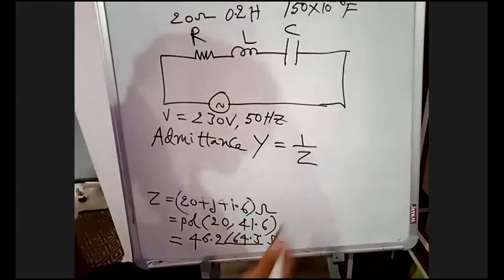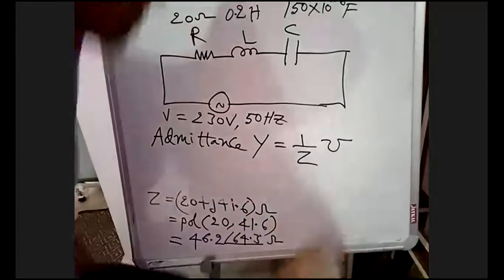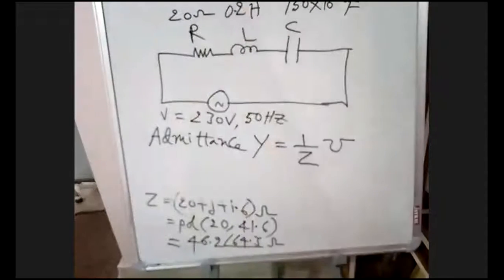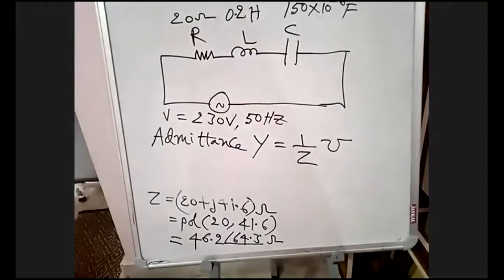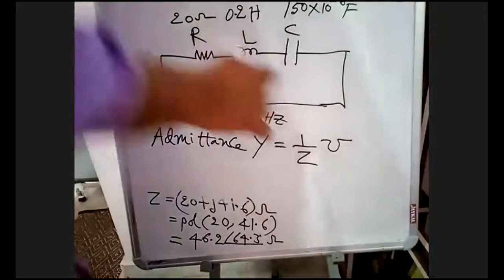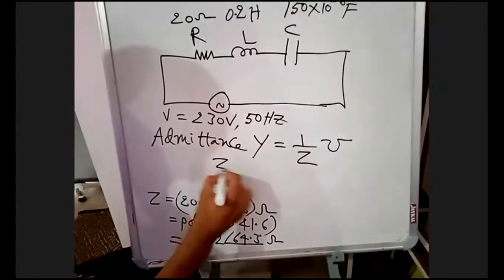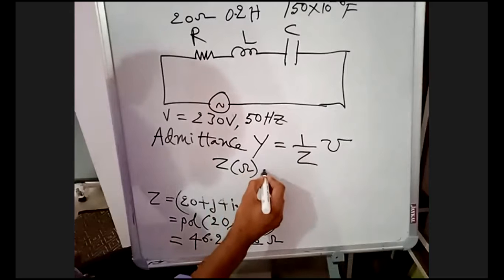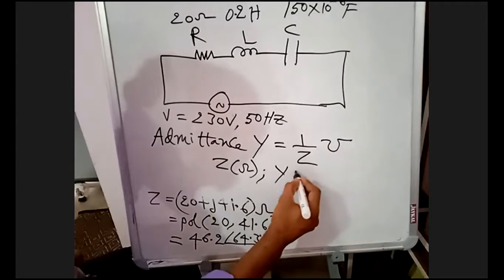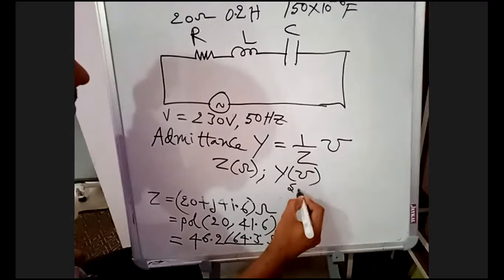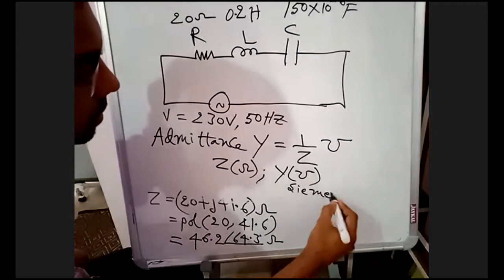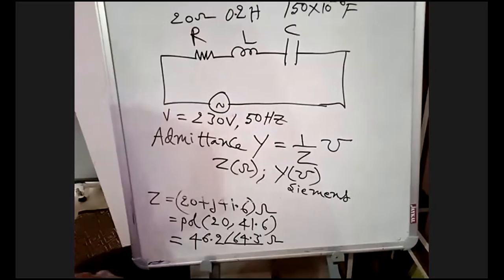Admittance is the inverse of impedance. And what is the unit of admittance? Siemens. The unit of impedance is ohms. The unit of admittance is Siemens.